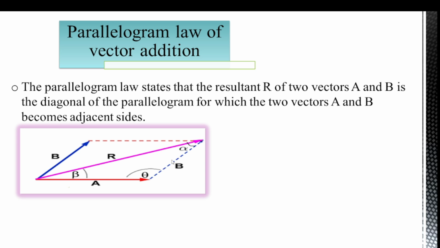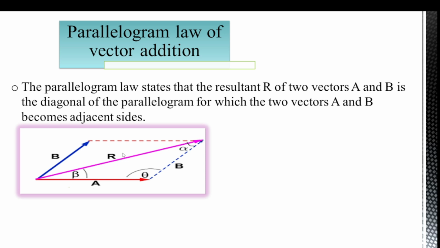The same thing holds true for these sides. Great. Let this be the resultant vector of vector A and vector B, which starts from the tail of vector A and ends at the head of vector B, and this is definitely the resultant of vector A and vector B.